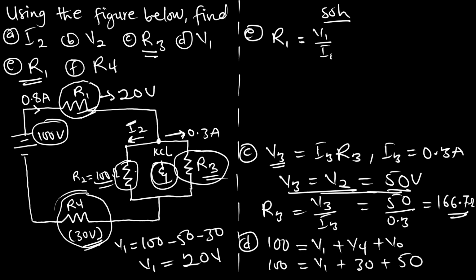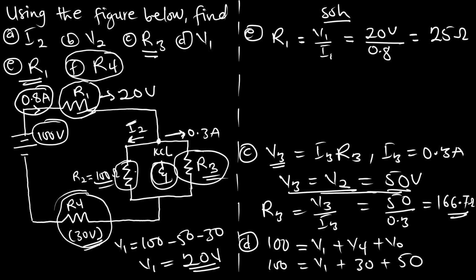And we know V1, which we just found to be 20 volts. We know I1, the current flowing through resistor 1, which is 0.8 ampere. So with this, we get R1 to be 25 ohms.